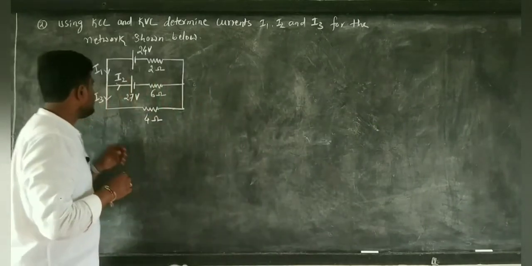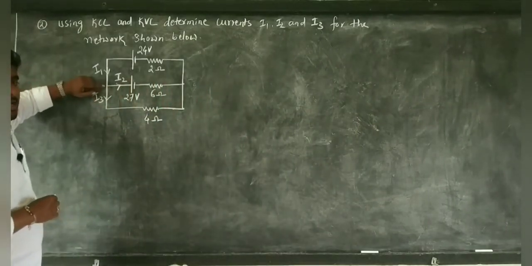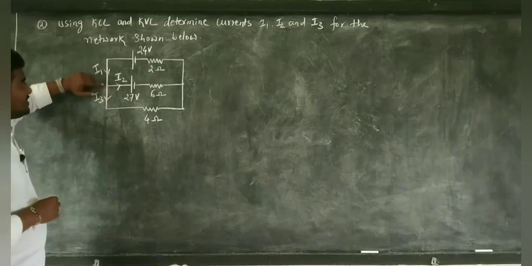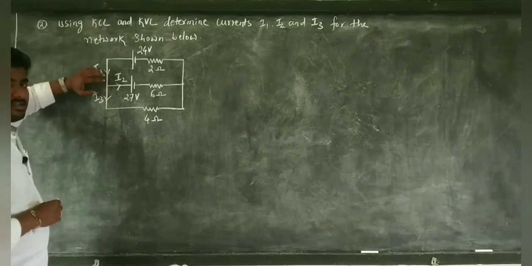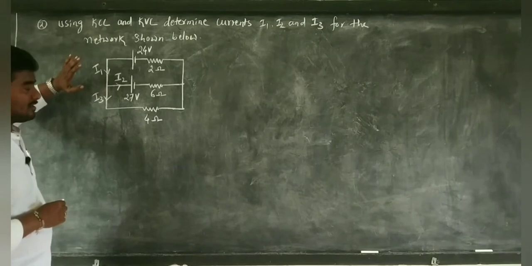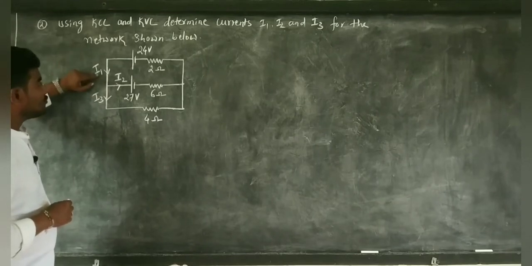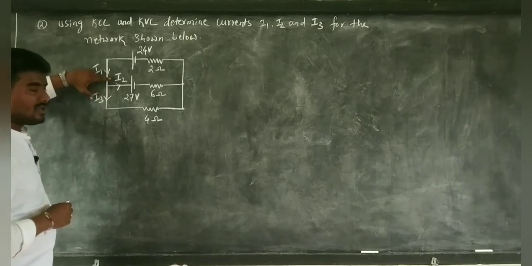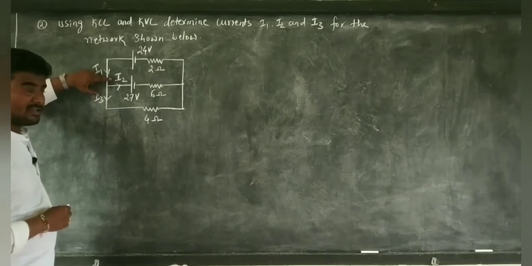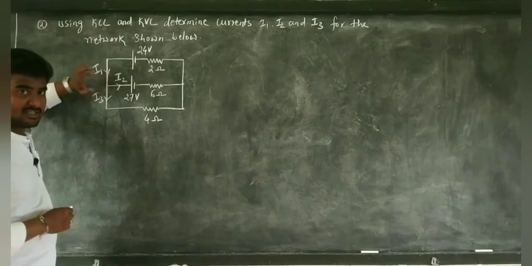See here, this is a junction point. At this junction, I1 current is entering, I2 and I3 are leaving the junction. Understand? I1 must be equal to the sum of I2 and I3. This is KCL.